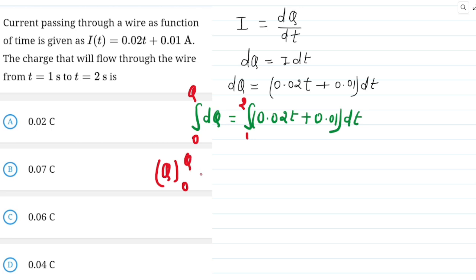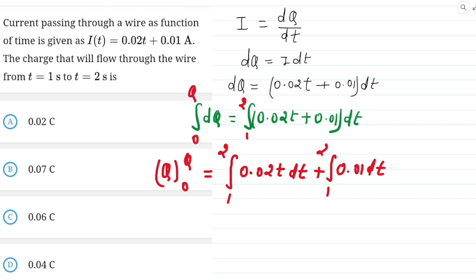Now we separate both terms before integrating. So it is the integration of 0.02 t dt with limit 1 to 2, plus the second term, the integration of 0.01 dt, again with limit 1 to 2.